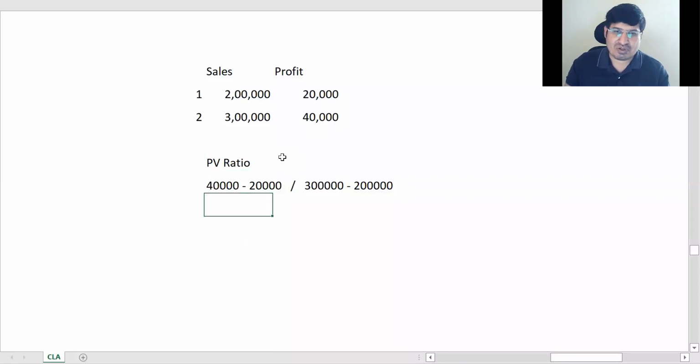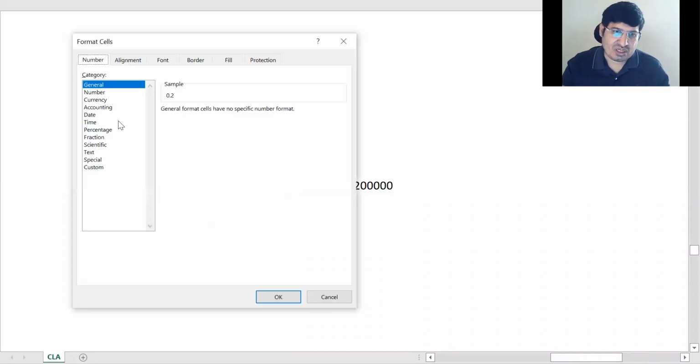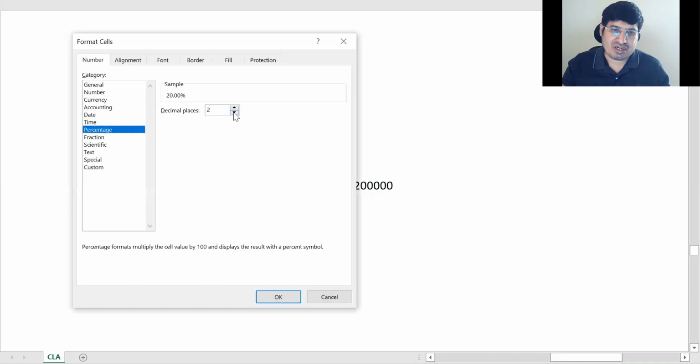So this comes to 20,000 upon 1 lakh. That's 20%. The calculator will get it in percent directly.